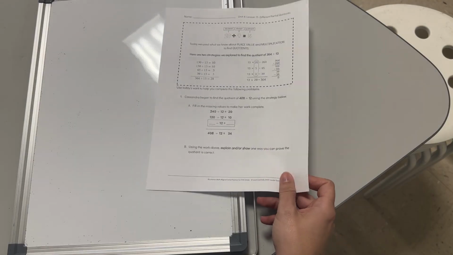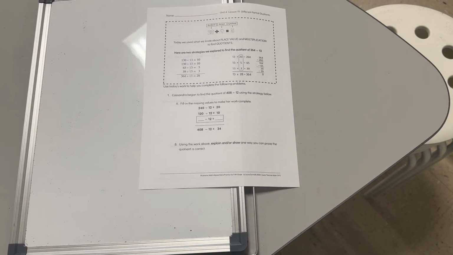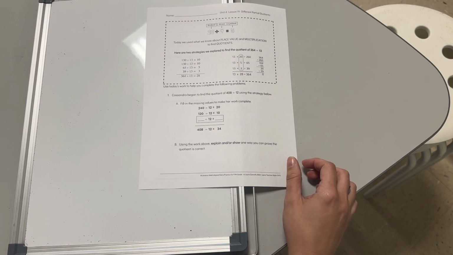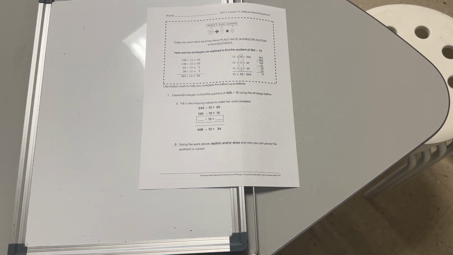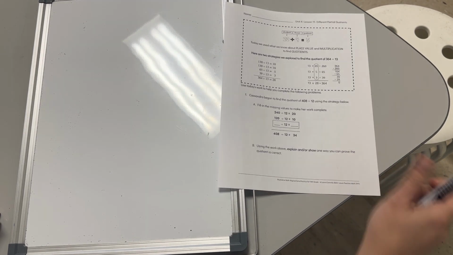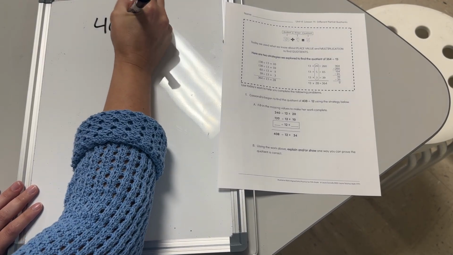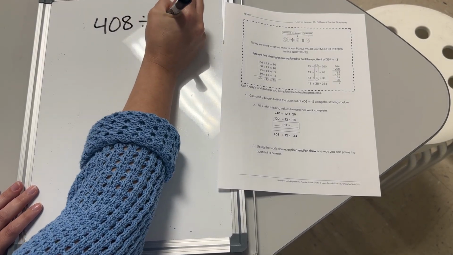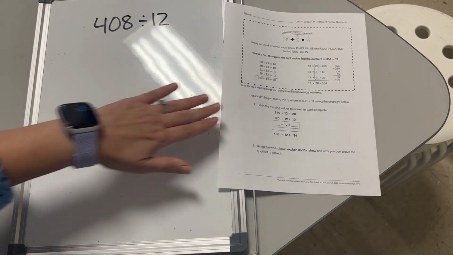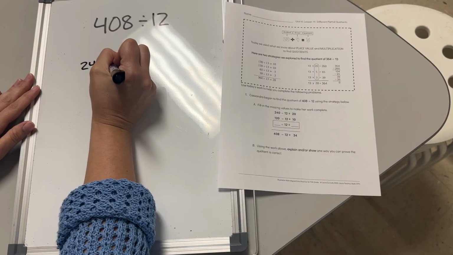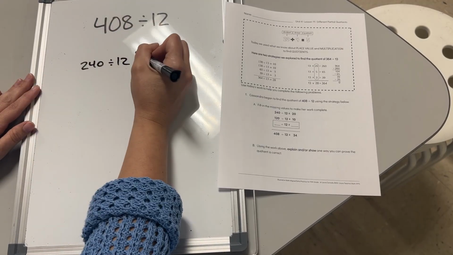Starting with number 1, we have Cassandra, and it says that Cassandra began to find the quotient of 408 divided by 12 using the strategy below. So she had 408, she's dividing it by 12. She started with 240 divided by 12, and that gave her 20.